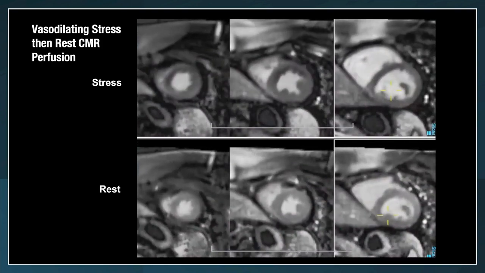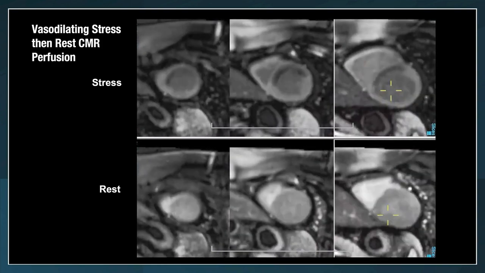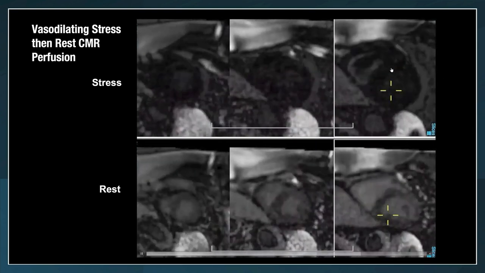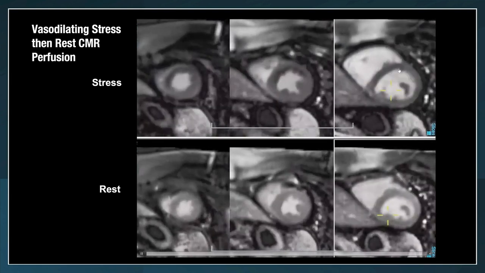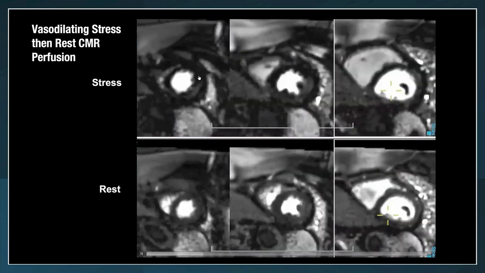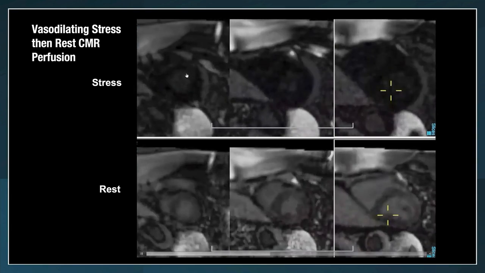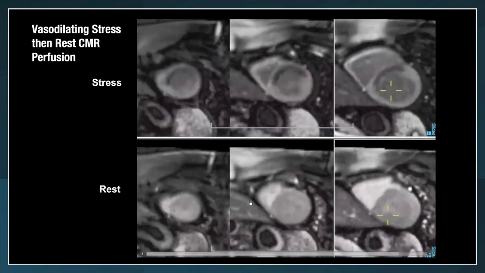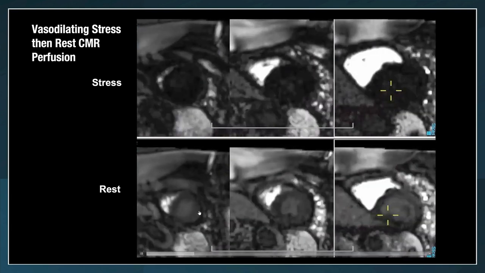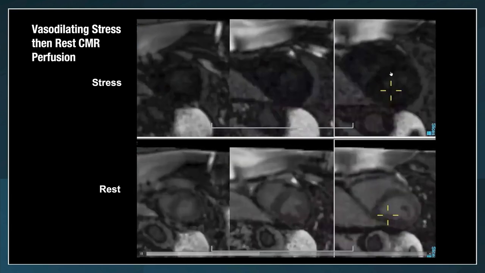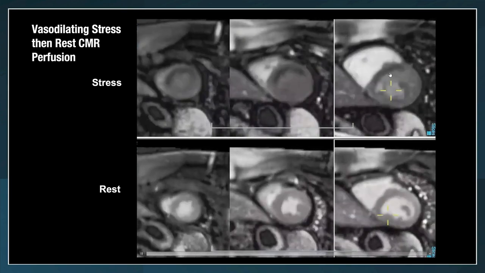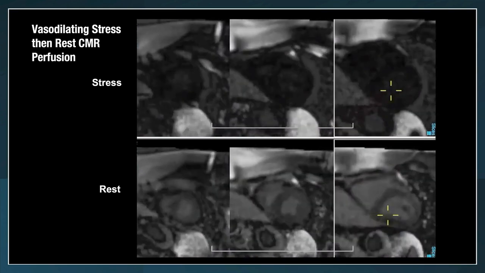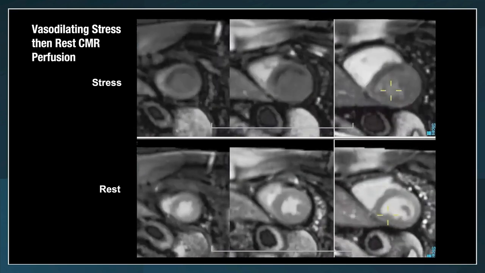You can see that in the LAD territory, involving the basal to mid anteroseptum and anterior wall extending to the apical septum, there is a dense perfusion defect on qualitative assessment, which is not present at rest on the bottom, suggesting a serious perfusion defect correlating to a tight LAD stenosis.